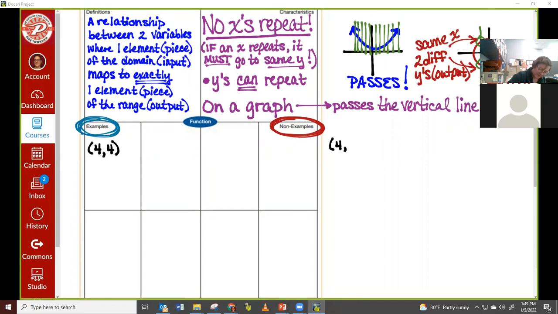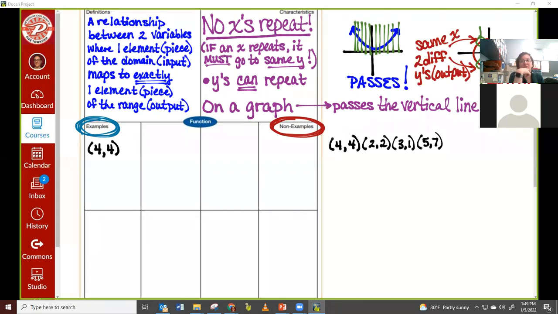What about if we added some more ordered pairs to that? If I had 4, 4, and then we also had 2, 2, and 3, 1, and 5, 7. Oh, I like it. Thank you, Rana. Would this list of ordered pairs be a function or not a function?